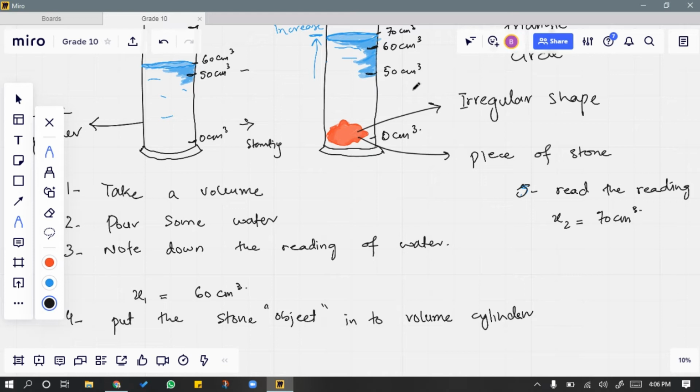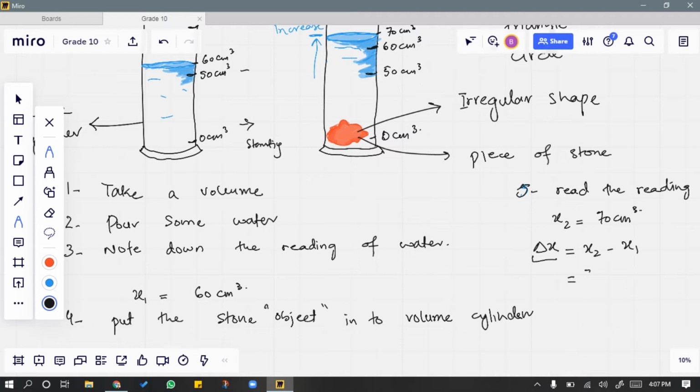Now you have two readings in front of you. One is for the cylinder without any object, just water inside it. The second reading is with the stone inside it, or the object whose volume you want to find. So now we check the difference between these two values, which is your delta x value, x2 minus x1.